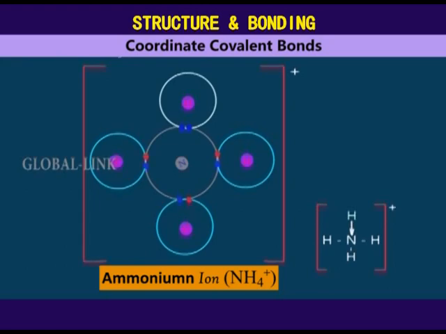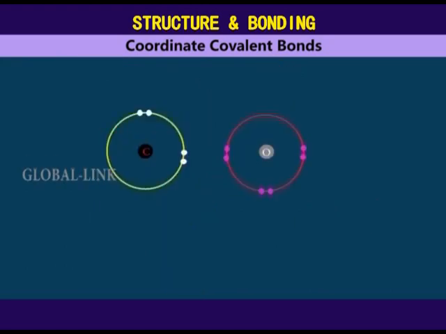Another example in which a coordinate bond exists is carbon monoxide. A carbon atom has 4 valence electrons and therefore needs to gain 4 electrons to fill its outermost energy level. Oxygen, on the other hand, has 6 valence electrons and needs 2 electrons to attain the stable configuration of 2,8.